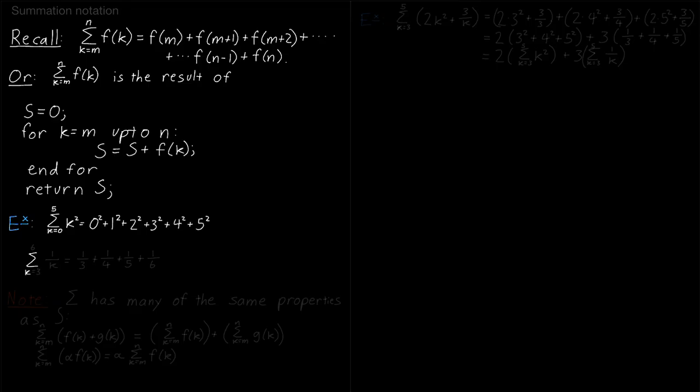Or the sum from k equals 3 to 6 of 1 over k is 1/3 plus 1/4 plus 1/5 plus 1/6. And you can simplify those, but that's really not the point.